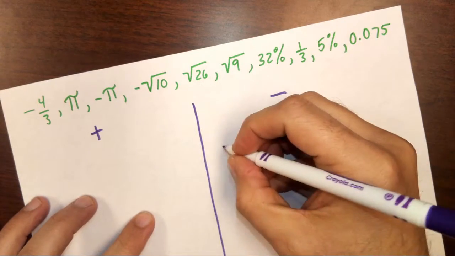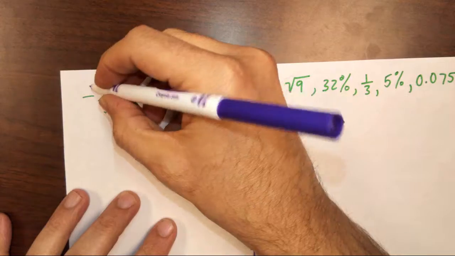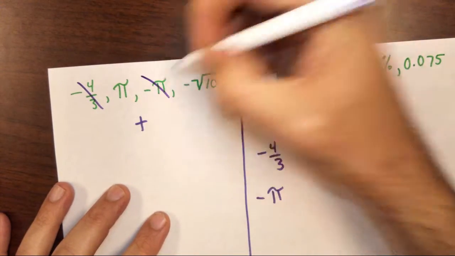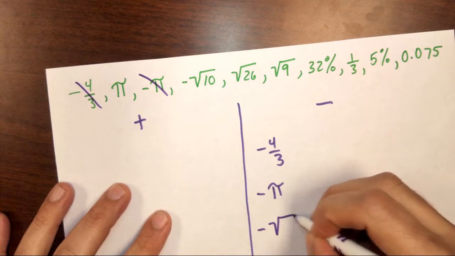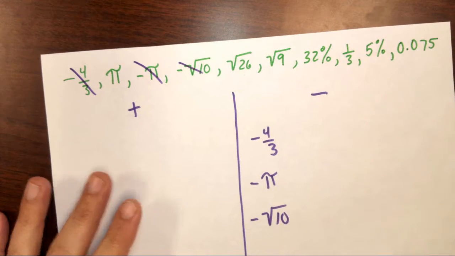So I'm going to write all my negative numbers over here: negative 4/3, negative pi, negative square root of 10. Okay, that's all the negatives.